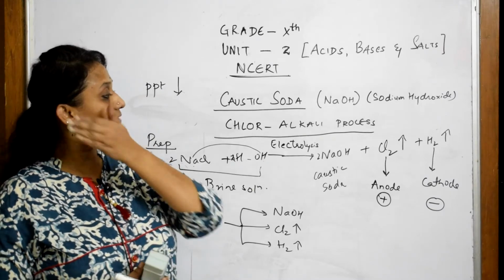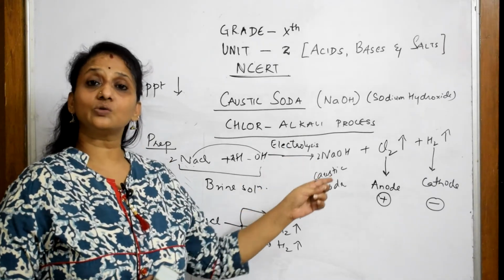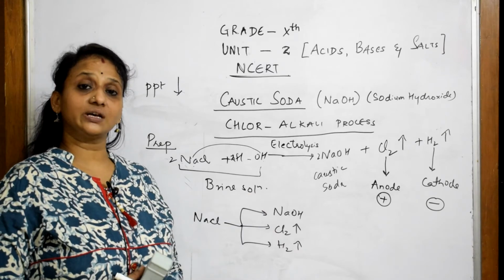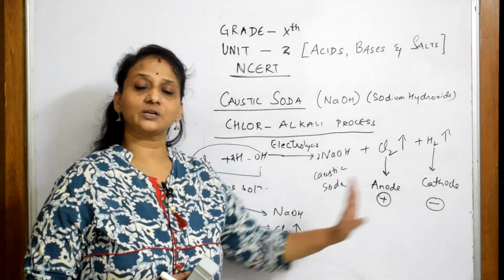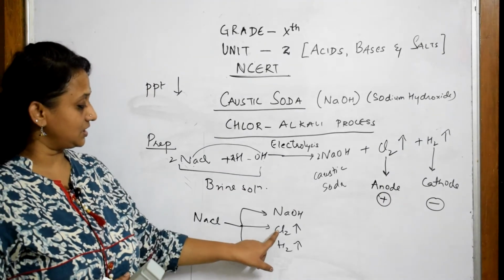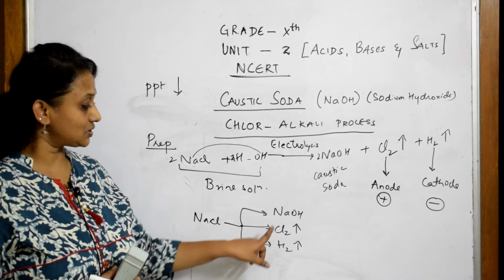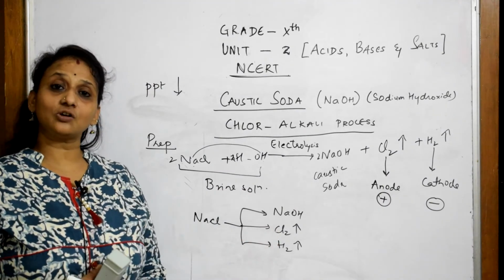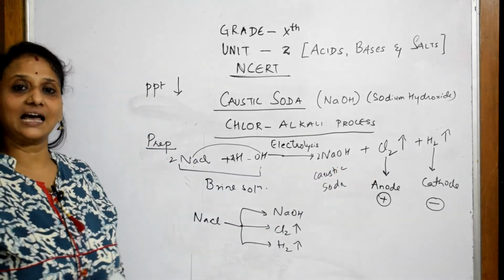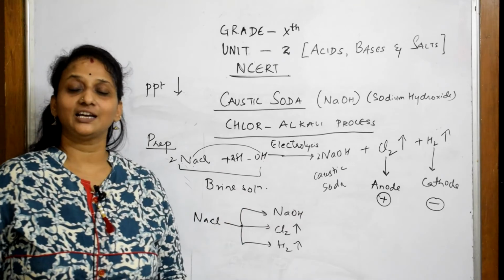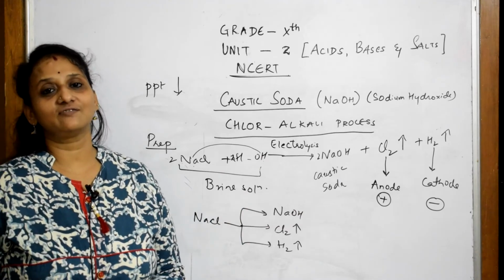What are the products you get? Sodium hydroxide, chlorine gas, hydrogen gas. Where is chlorine gas released? Here. Where is hydrogen gas released? This one. What are the byproducts? These 2. What are the total products? 1, 2, 3. Why is it called chlor-alkali? Because chlorine is released. Why is it called alkali? Because of sodium hydroxide. So much information is there in one reaction.